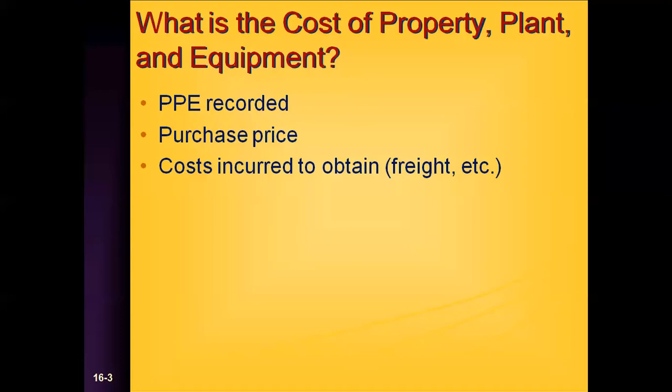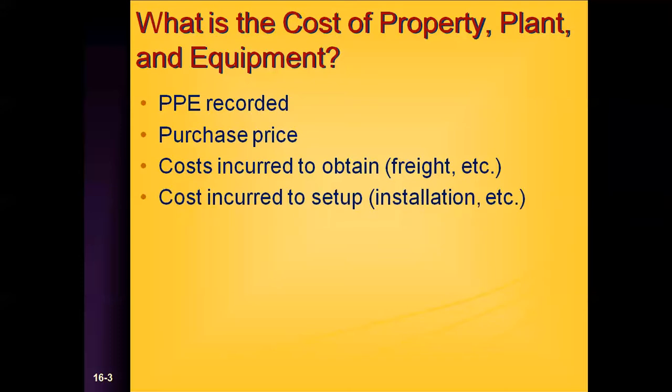The second is the costs incurred to obtain that particular asset. If it's a large machine, you may have to have paid freight to get it to your particular plant, things of that nature. And last but not least is the cost associated with the setup. Typically, in a very complex piece of machinery, you would have installation costs.